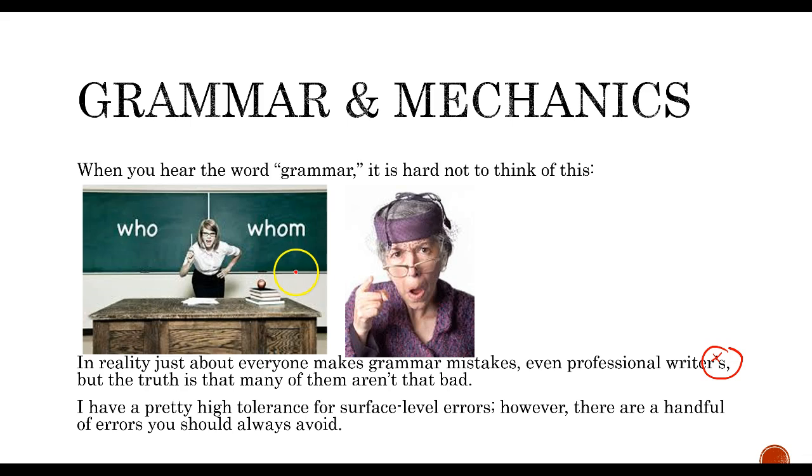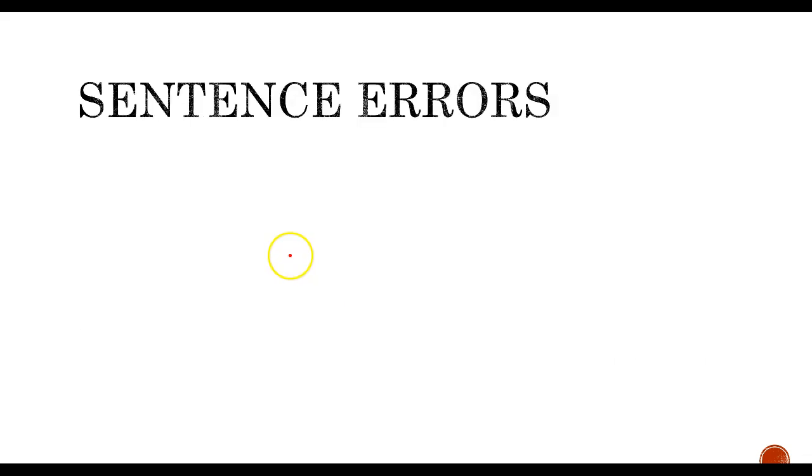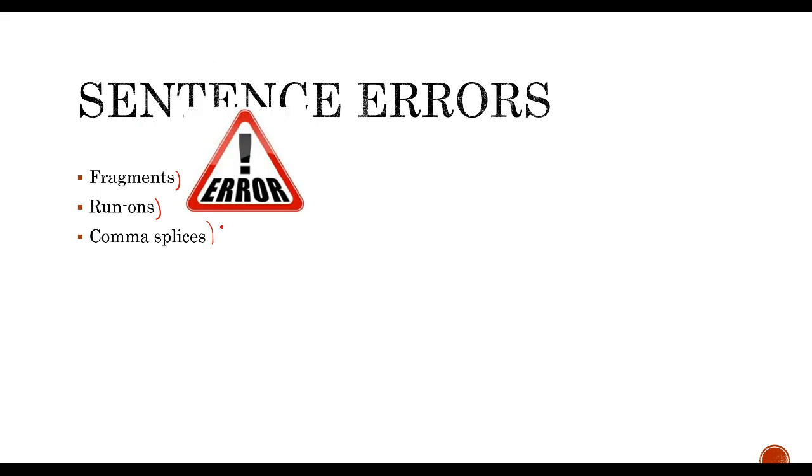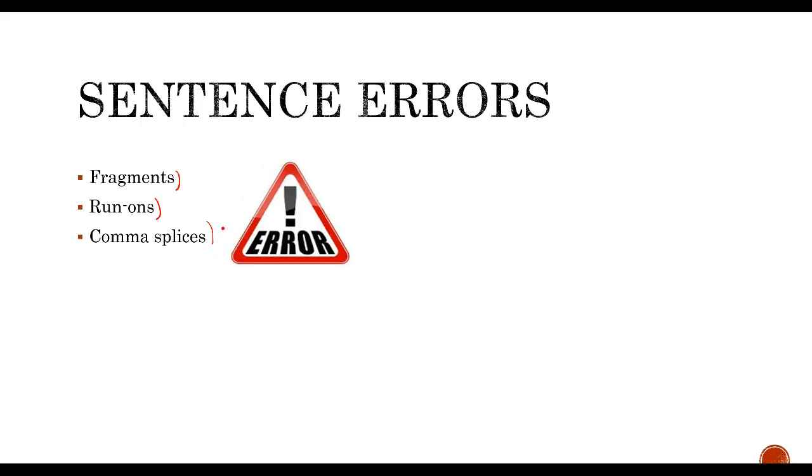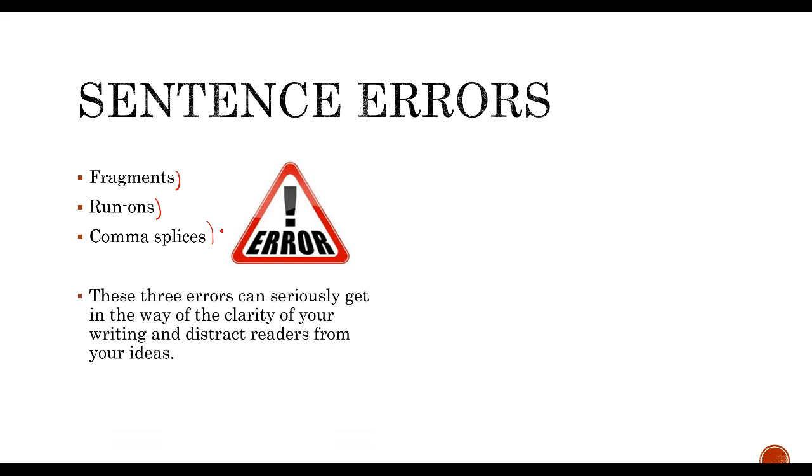Some of these other ones are much more serious. And those sentence errors are fragments, which I mentioned before, run-ons, which I mentioned before, and comma splices. These are big-time errors. They prevent readers from seeing your meaning. They affect the clarity of your ideas. And so these are ones that you want to really understand and try to avoid.